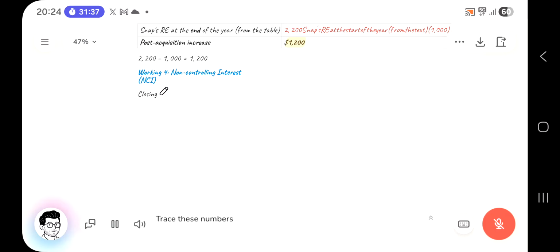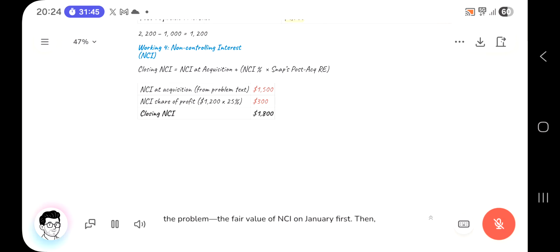Trace these numbers with me. The 1,500 is from the start of the problem, the fair value of NCI on January 1st. Then we take 25% of that $1,200 growth, which is $300. Add them up, and the NCI is worth $1,800 on the final statement.